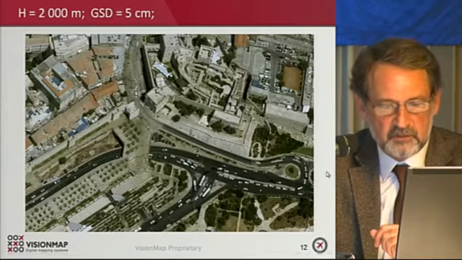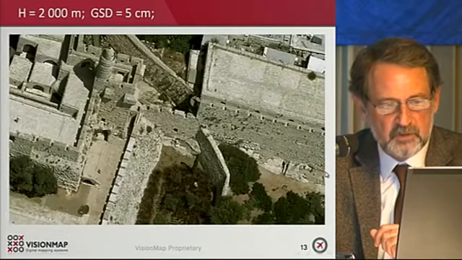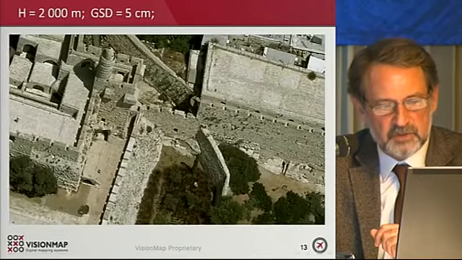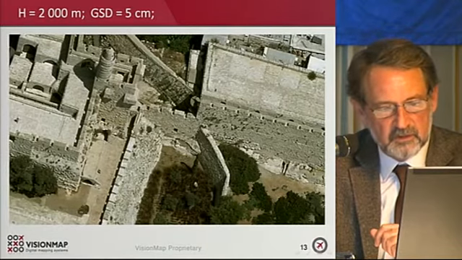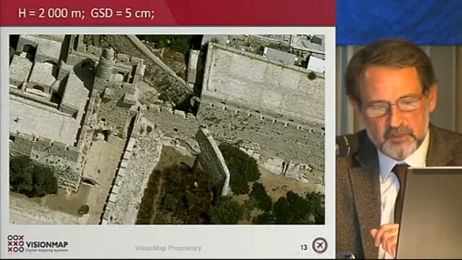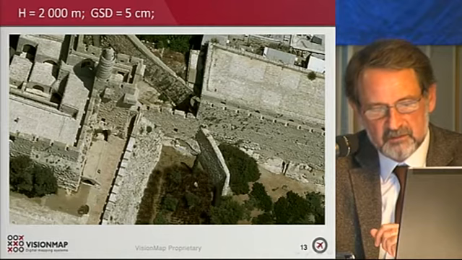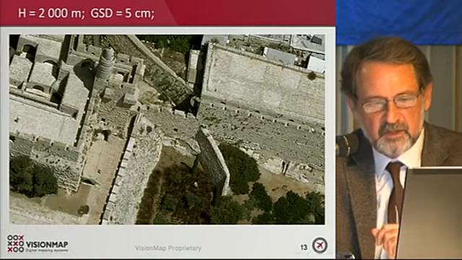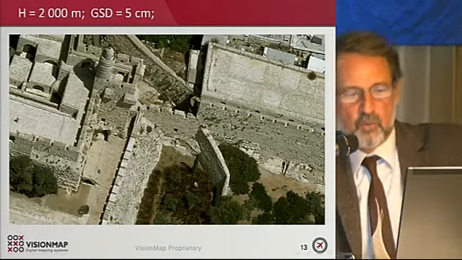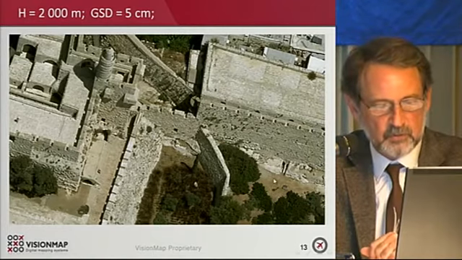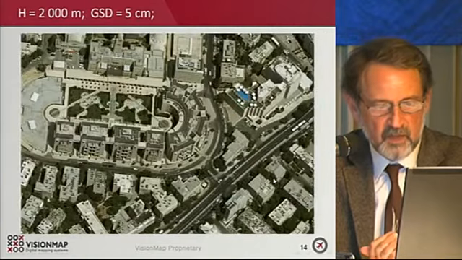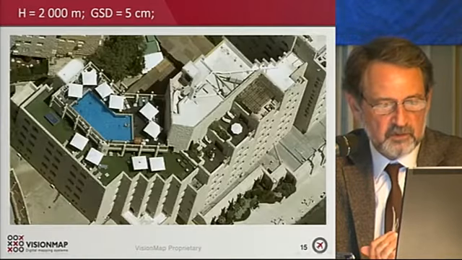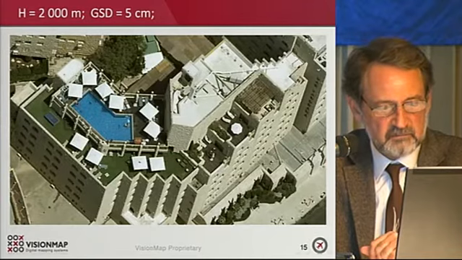These are parts of Jerusalem. This is David's grotto. These are towers of David. Those of you who walked up the walls of Jerusalem here might remember these steps skirting the walls of Jerusalem. A few images from Jerusalem.